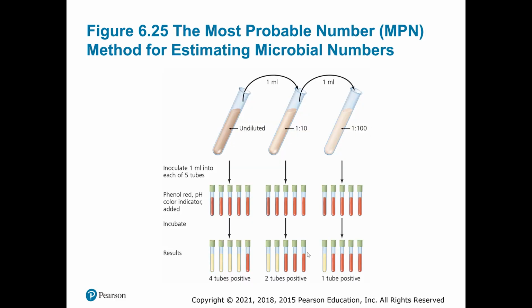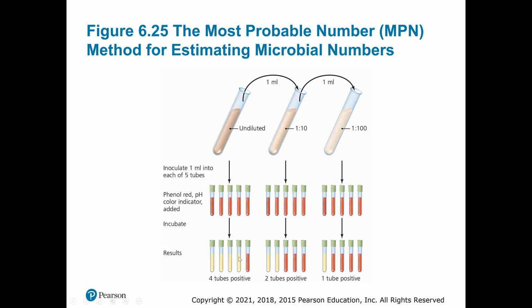Most probable number. This is a way for estimating how many microbes you have in a culture. So you have your undiluted culture, a 1 to 10 dilution, a 1 to 100 dilution. Each of these dilutions, 1 milliliter of each of them gets put into 5 different tubes that have a pH indicator, phenol red, which will change color if you have active cells, like we saw before.